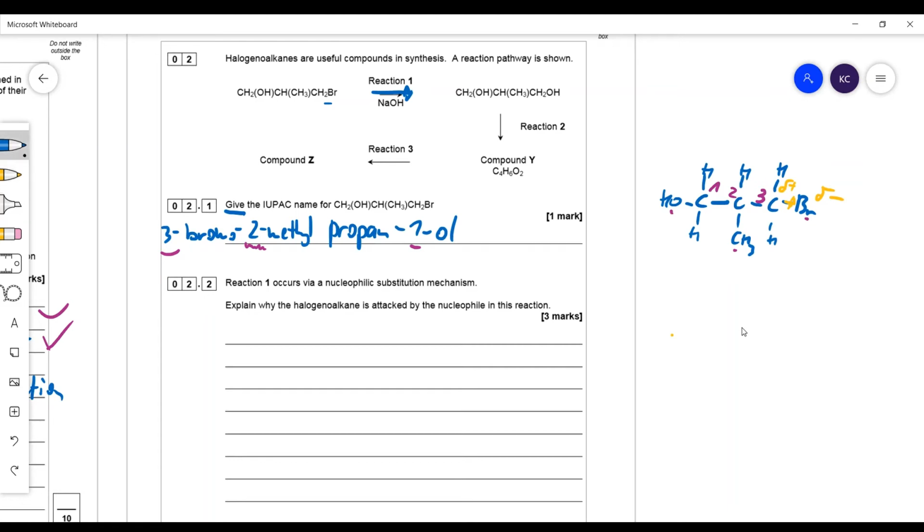And that's the whole idea, that this carbon here can be attacked by a nucleophile because it has a lower electron density than it would be without the bromine. So the reasoning behind this is that bromine is more electronegative than carbon.